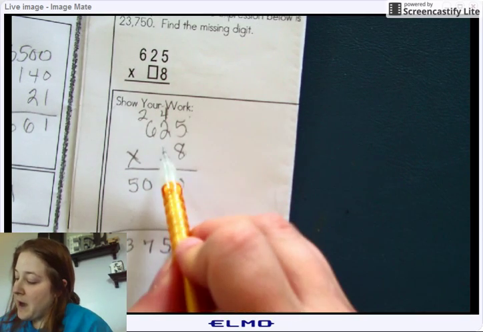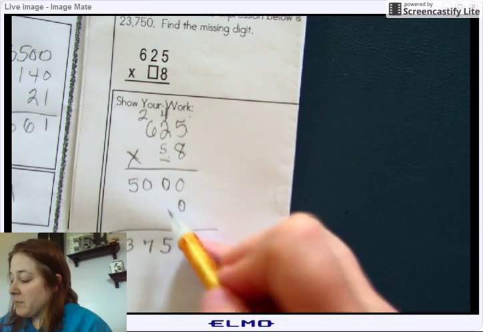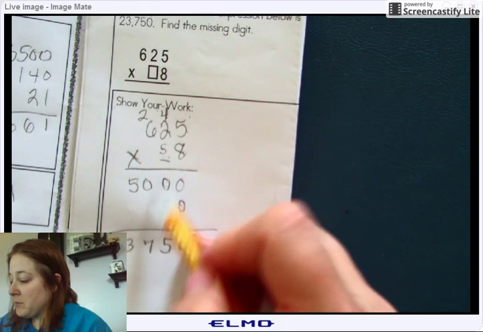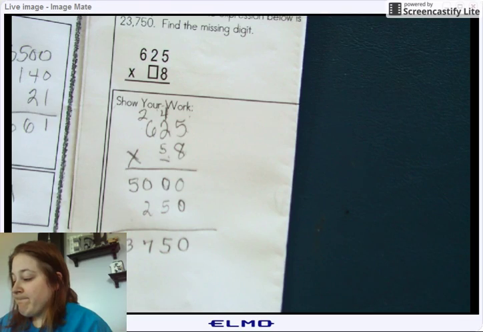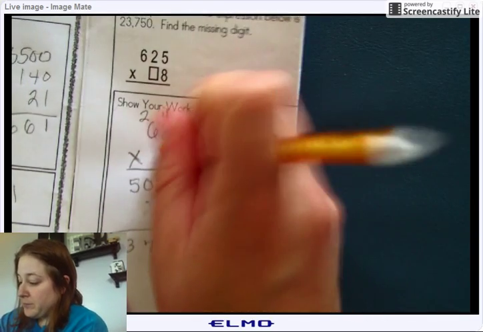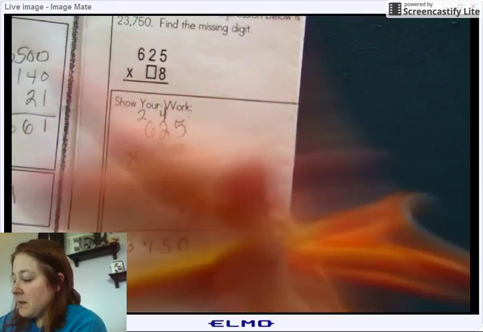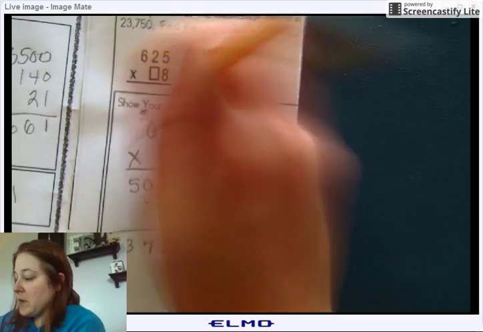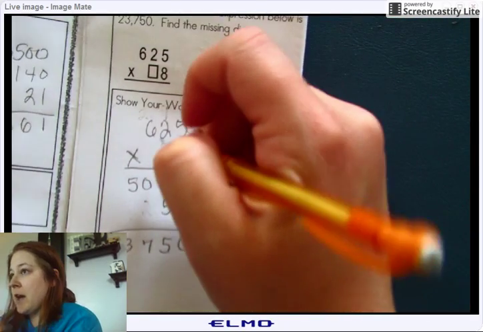So if I tried 5, that's 25, right? Trade your 2. That's 10, 11, 12. Wouldn't work because that 2 becomes over there. So it can't be 5. I mean, this still down here has to be a 5.